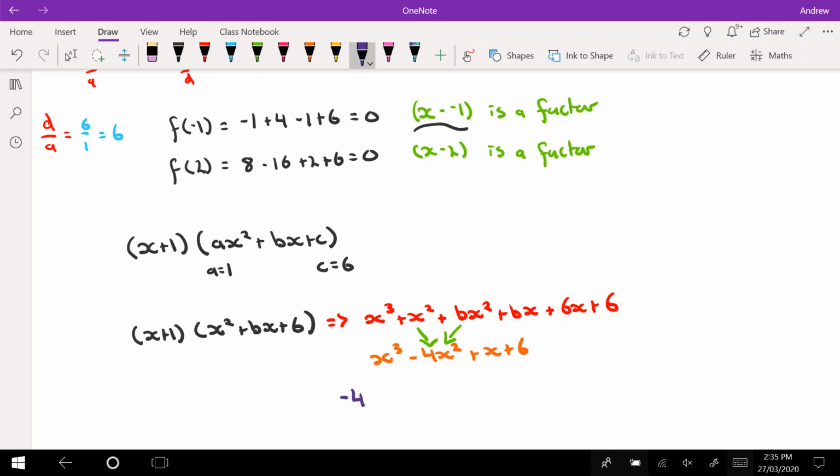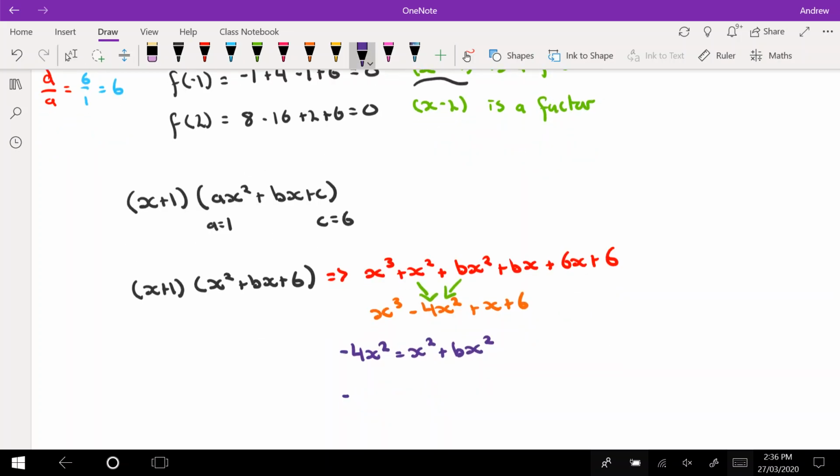So -4x squared equals x squared plus bx squared. Well, I'm going to add take negative over here. So it's going to be -5x squared equals bx squared. Therefore, b equals -5. Yes?